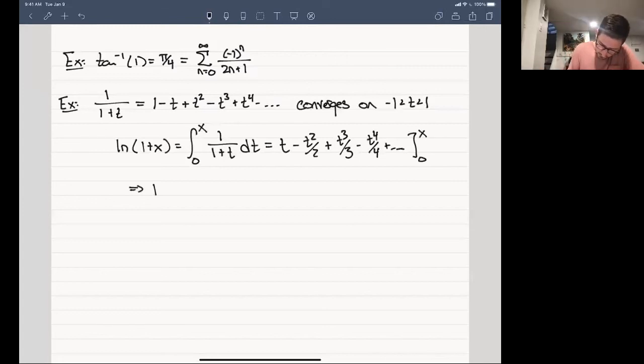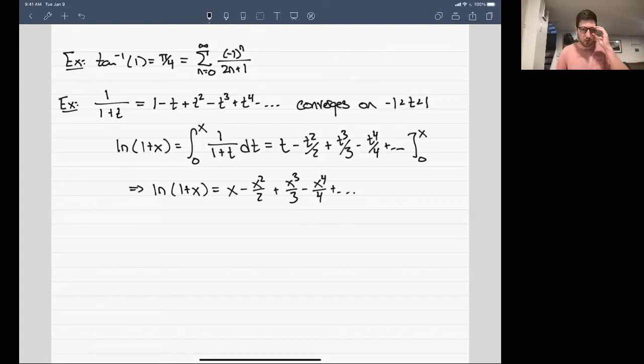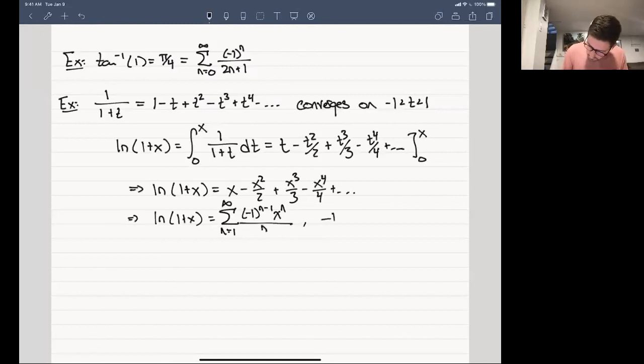This tells me that the series for the logarithm of 1 plus x is x minus x squared over 2 plus x cubed over 3 minus x to the 4 over 4, and so on, which you can write compactly as the infinite sum from n equal 1 to infinity of minus 1 to the n minus 1, x to the n divided by n, for these values right here. So that's kind of weird, right?